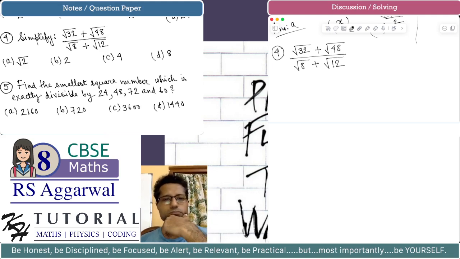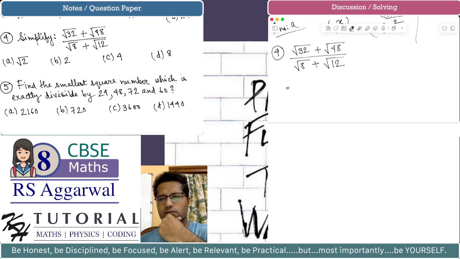Now, one general strategy might be to multiply both the denominator and the numerator by square root of 8 minus square root of 12, but that will not really help much. It is better if you can simplify all the square root terms further, because all the numbers inside the square root have some factors.